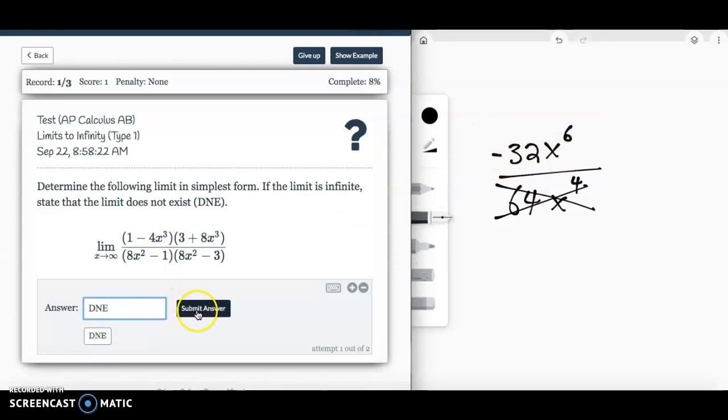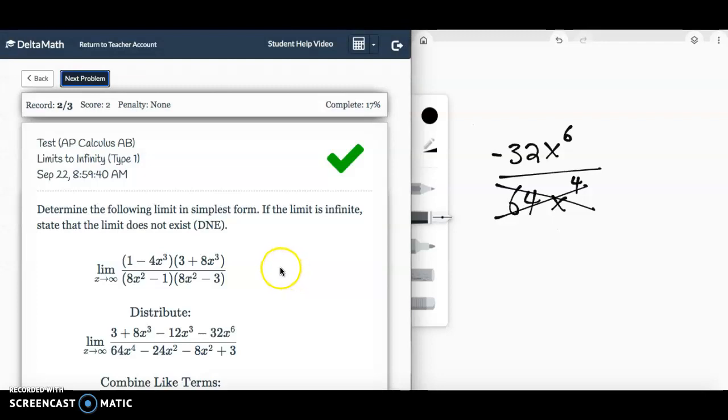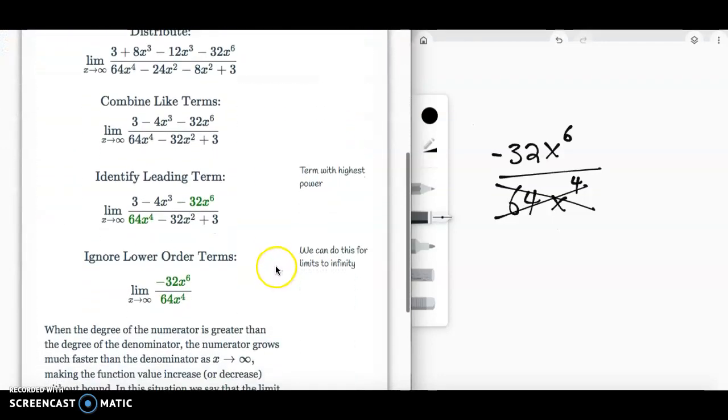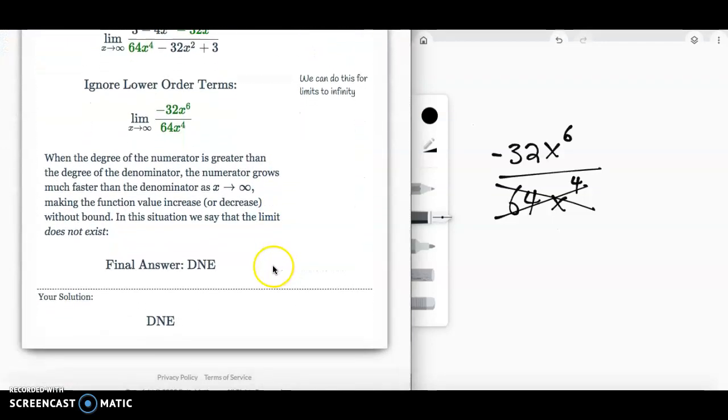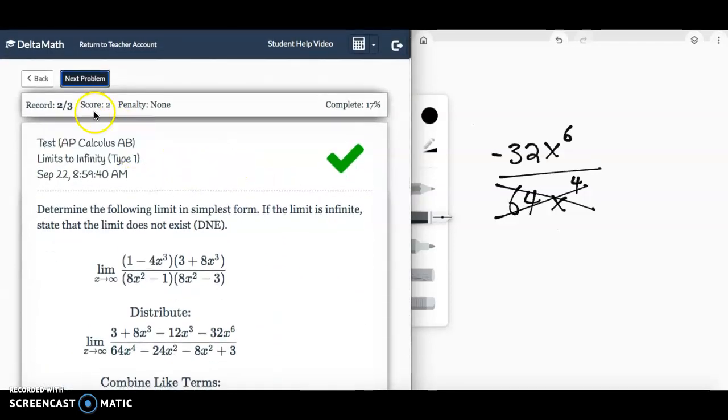Or DNE in this scenario, because I don't think they'll let you type in negative infinity. Oh, yep, there you go. It's unbounded. Wow, they're going to make it extra easy on you. You're just going to have to say DNE anytime it ends up being infinity. Lucky ducks. All right, let's do one more.